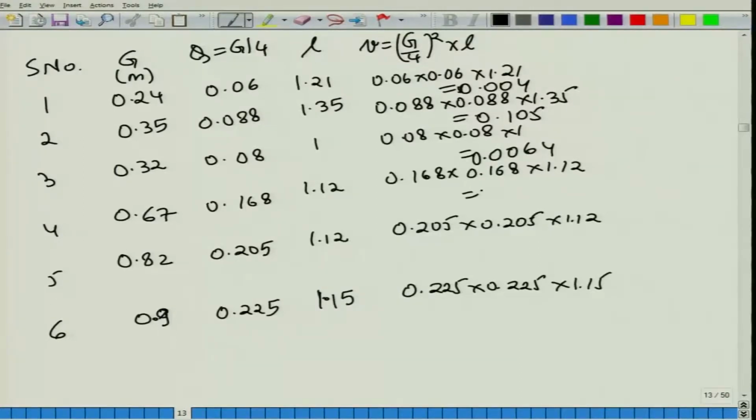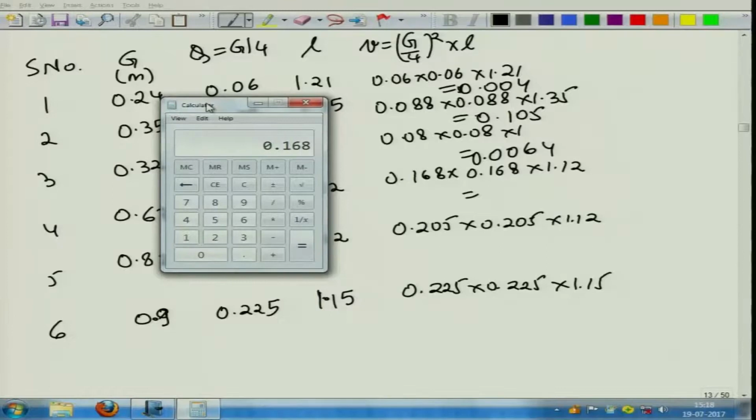In this case, we have 0.168 into 0.168 into 1.12, which comes to be 0.032.